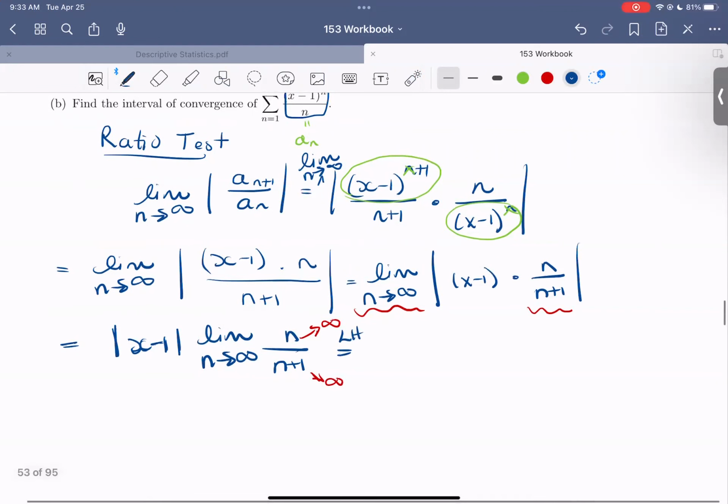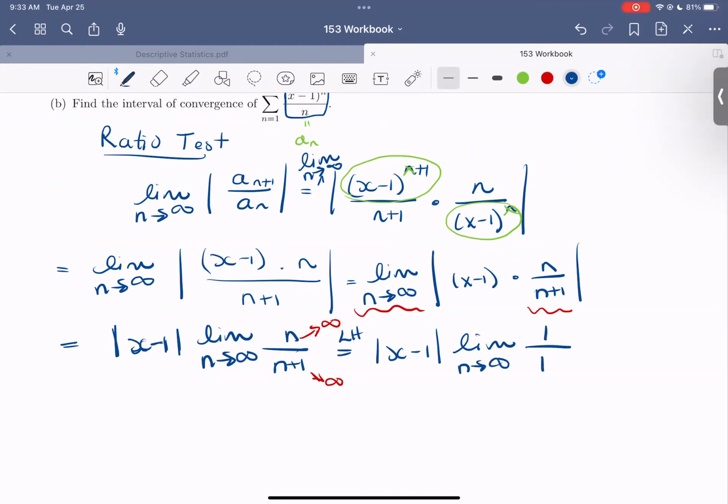So the limit is equal to the absolute value of x minus 1 times the limit as n goes to infinity of the derivative of n, which is 1, over the derivative of n plus 1, which is also 1. The limit as n goes to infinity of 1 over 1 is just 1. So this is equal to the absolute value of x minus 1. This is what we're getting for the limit in the end.